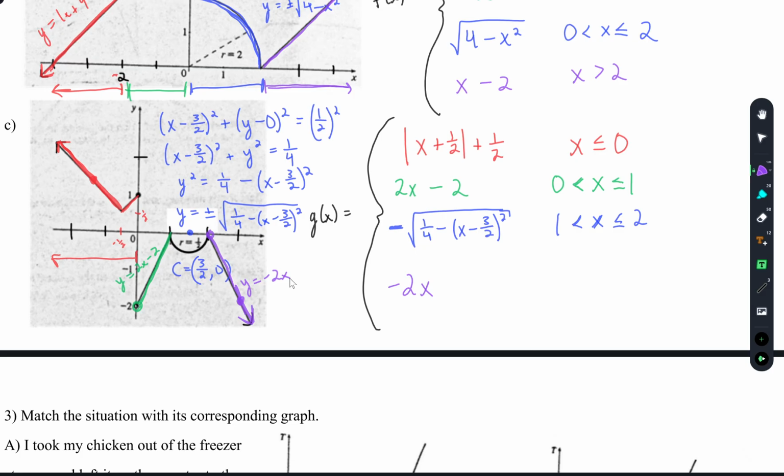And then if I were to keep going, that'd be going to 4. Yeah, because it doubles with every value. Oh, it's because at 1 it would be at 2, 0 at 4. And that's when x is greater than 2. Okay? All right. Good job, everyone.